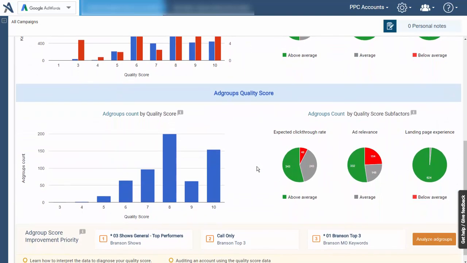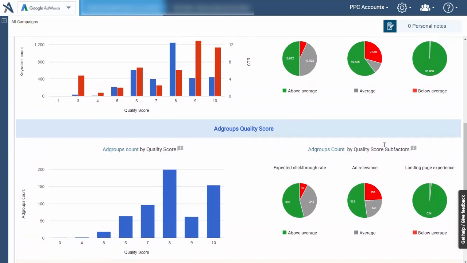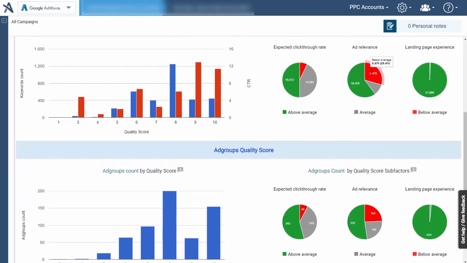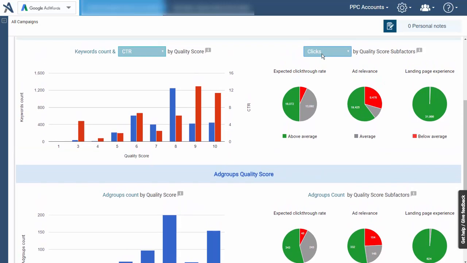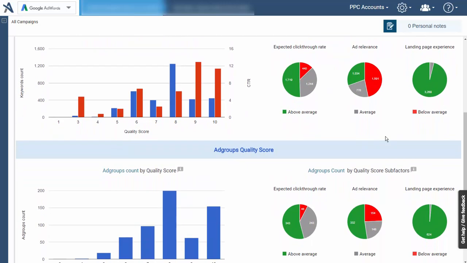Now further down, we get an idea of our ad group data. So we can see what is our count of ad groups at each level, and then how do those factors play out. So again, if we compare our ad group to our keywords from a keyword count standpoint, we have a lot of below average ad relevance, but not many ad group wise.